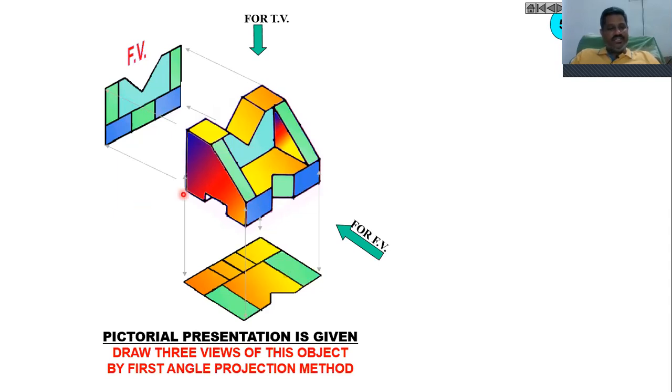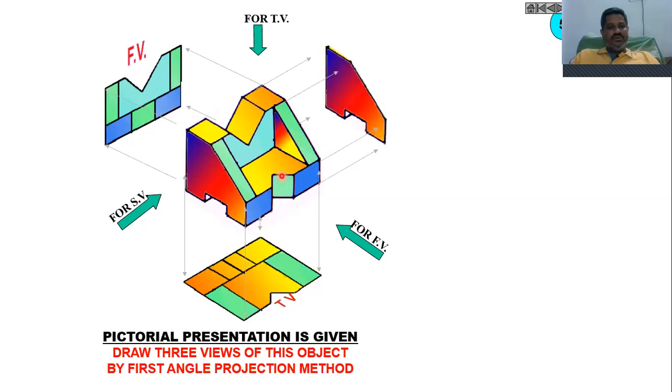And similarly, when you see this block from the left, you will find this face and this dotted line, and you have one more dotted line in. And similarly, you will also find this dotted line, and similarly, you will also find this dotted line. We need to drop to the bottom, and we need to draw this dotted line as a horizontal line. Then we have to drop one dotted line exactly with this length.